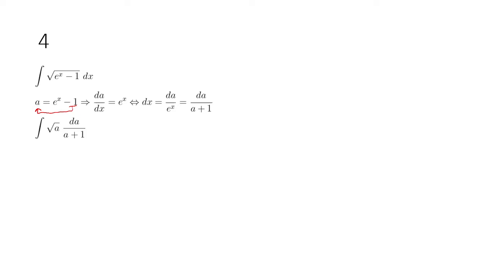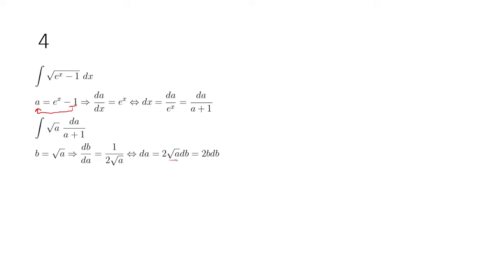Now we can do another variable substitution, where b is equal to the square root of a, such that the derivative of b with respect to a is 1 over 2 times the square root of a. We can just use the exponent rule here, the power rule. So we would get that dA is equal to 2 times the square root of a dB.